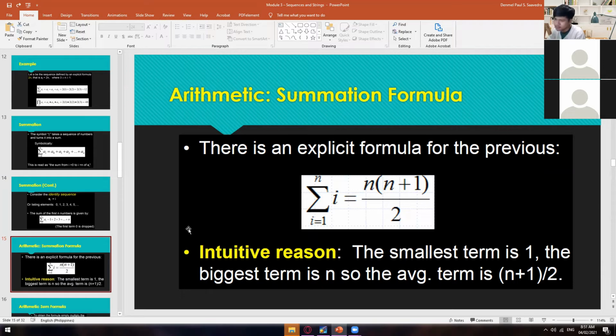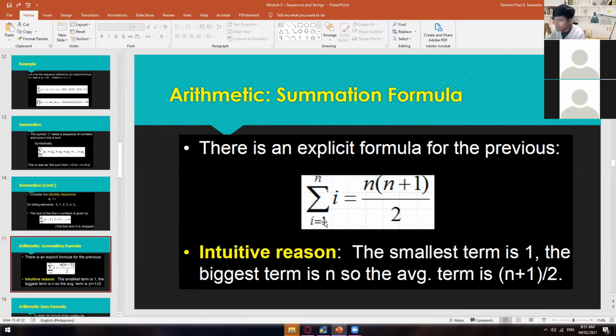Anyway, this is the explicit formula for you to be able to get the summation from 1 up to the given n. So take note, this one is only applicable if it's starting from 1 up to, let's say, 100 or 200 or up to its range.